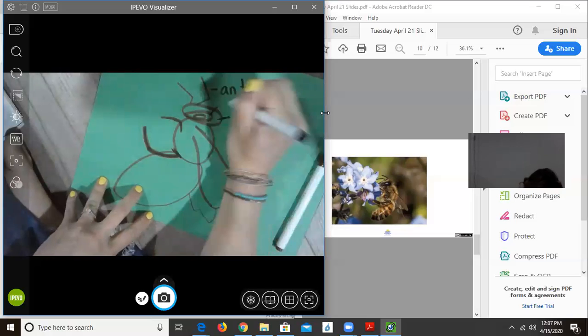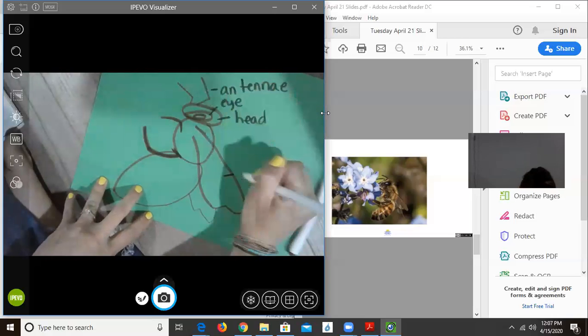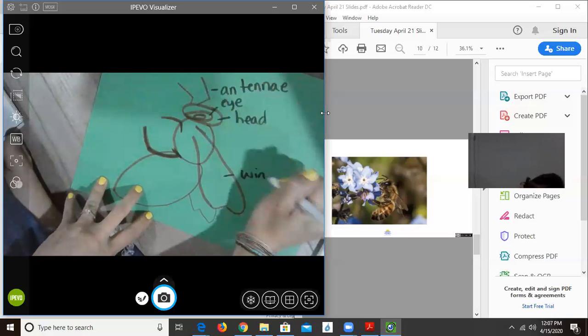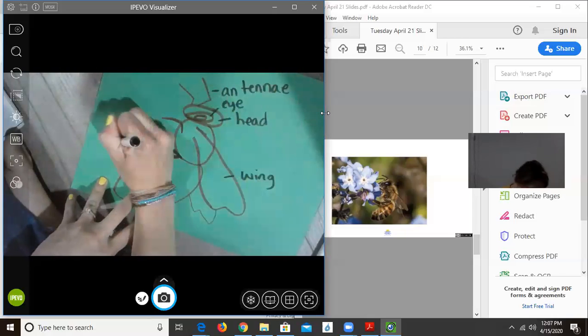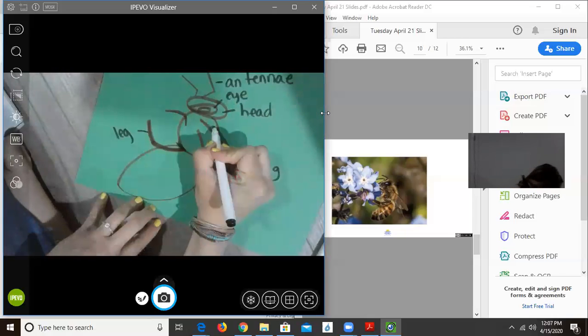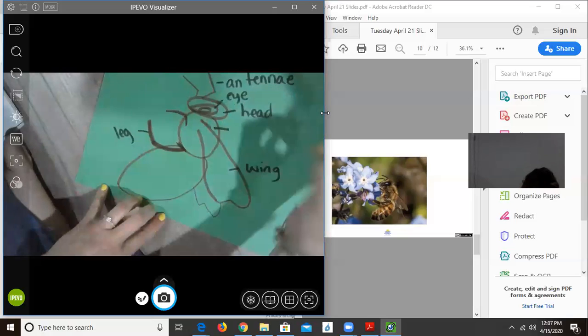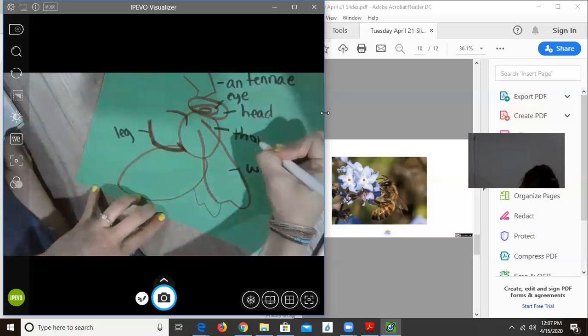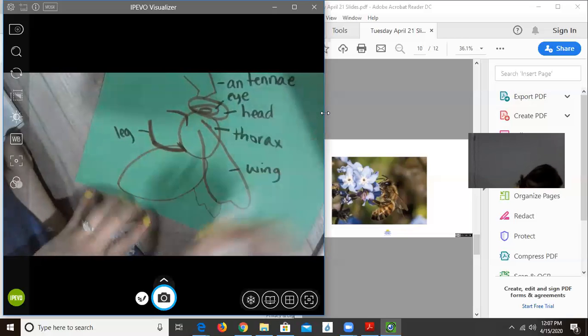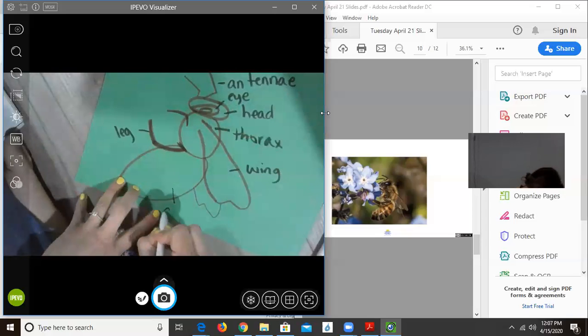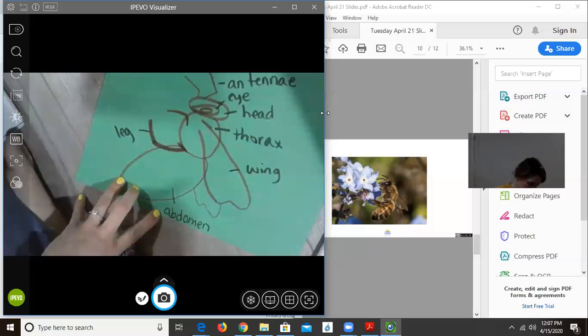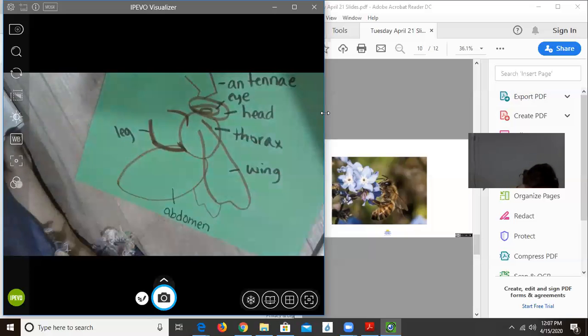Here's my eye. Here's my wing. Here's my leg, okay? This, friends, is called the thorax. This is called the abdomen. Just like that. And I think those are all that I see.